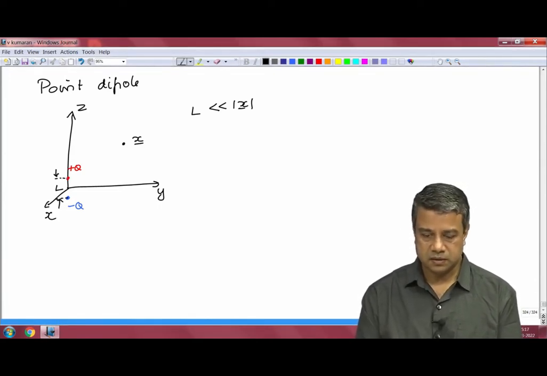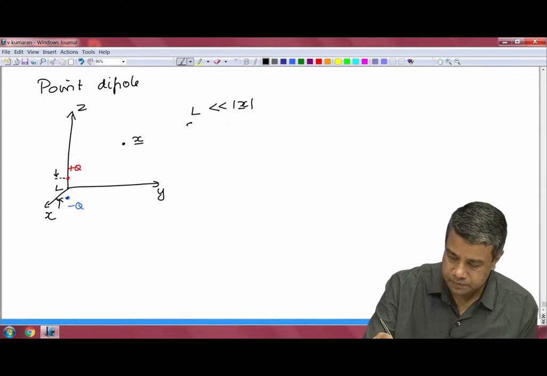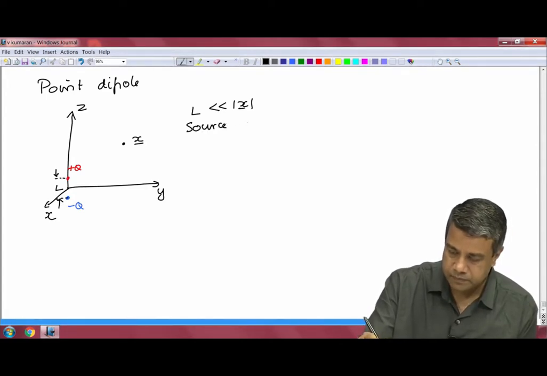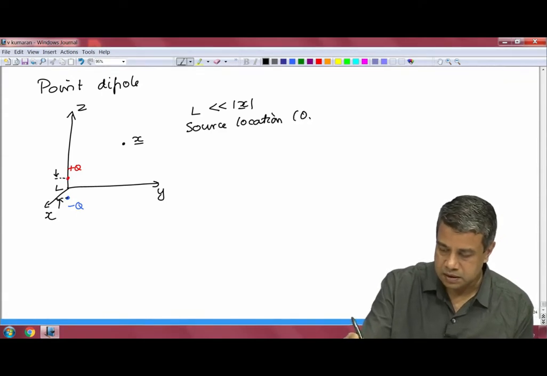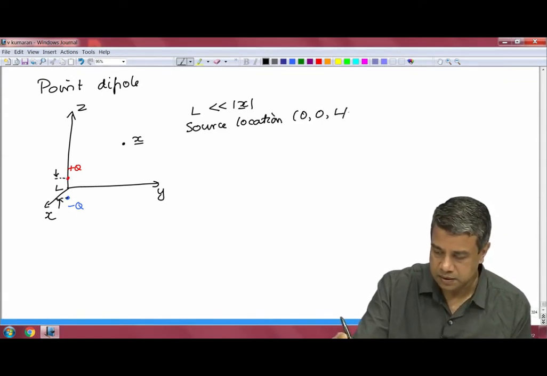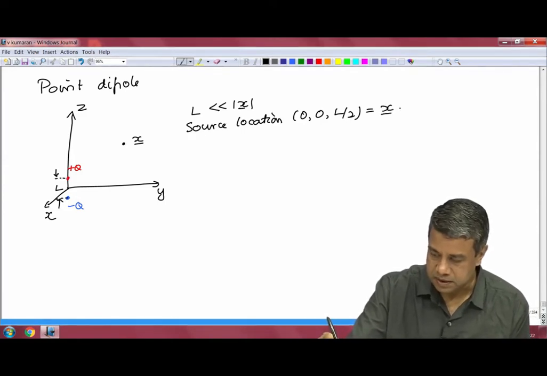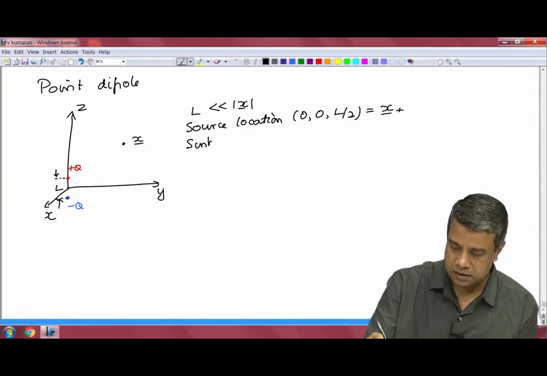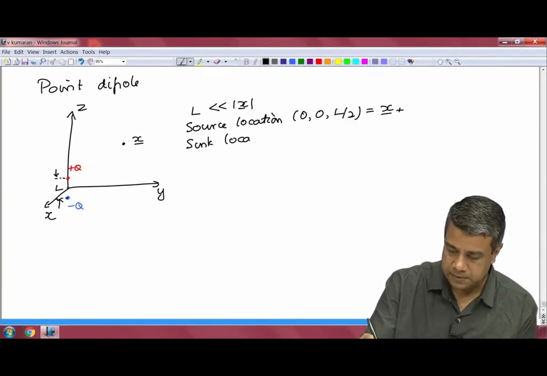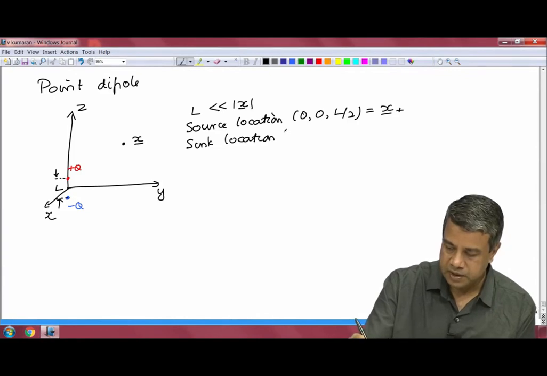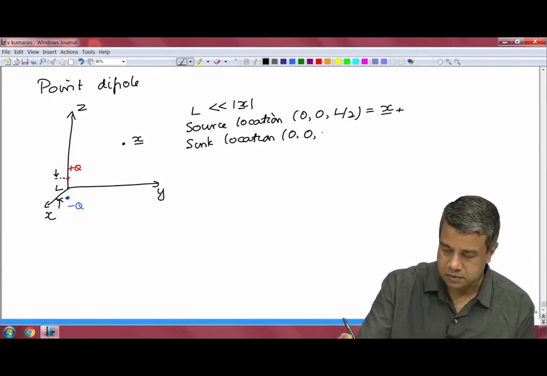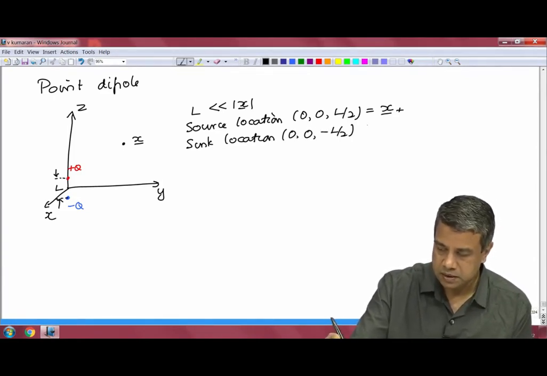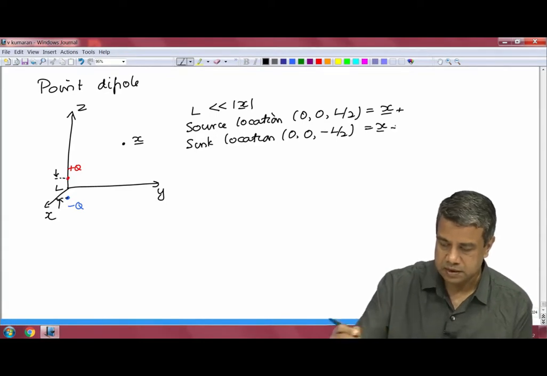The source location is 0, 0, L by 2, which I will call x plus, and the sink location 0, 0, minus L by 2 is equal to x minus.